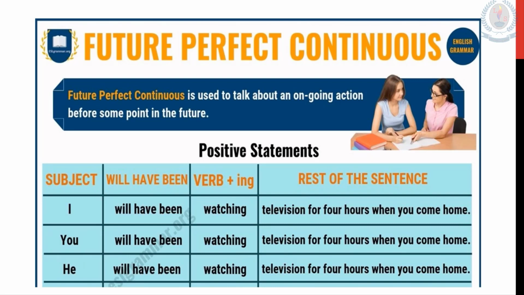They have divided it like this: subject, will have been, verb with ing, rest of the sentence. I will have been watching television for 4 hours when you come here. So the structure is given, and then you can make as many sentences as you want.